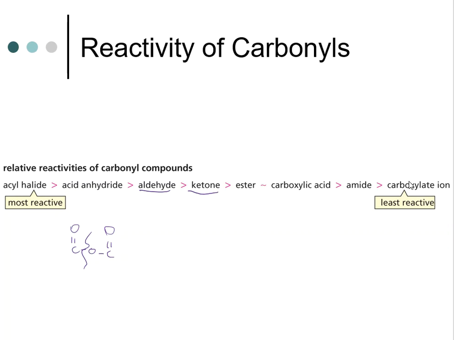This was a very good leaving group, a very ugly group that the molecule did not want, and that could easily leave and allow a nucleophile to come in and take its place. Then the aldehydes and ketones come next, and after that the esters, the carboxylic acids, the amides, and the carboxylate ion. All right.